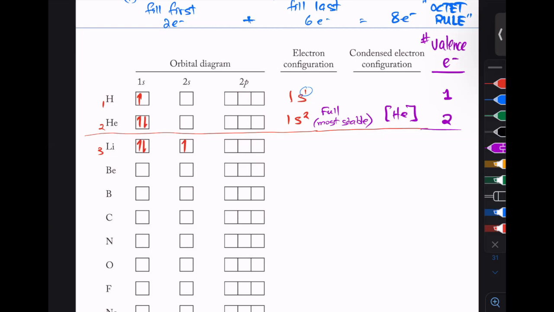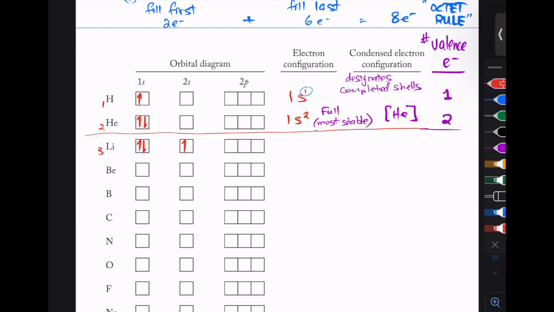It designates the completed valence shells. That'll become more useful to you when I go a little bit further.